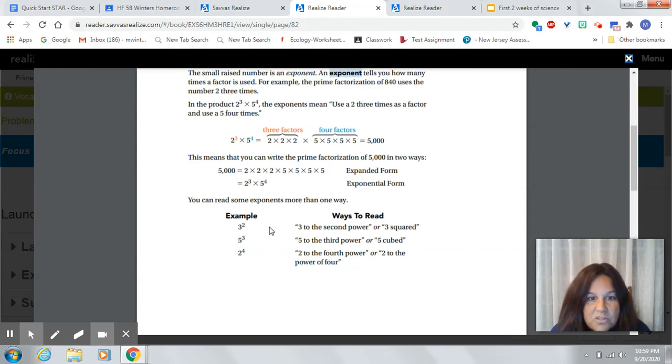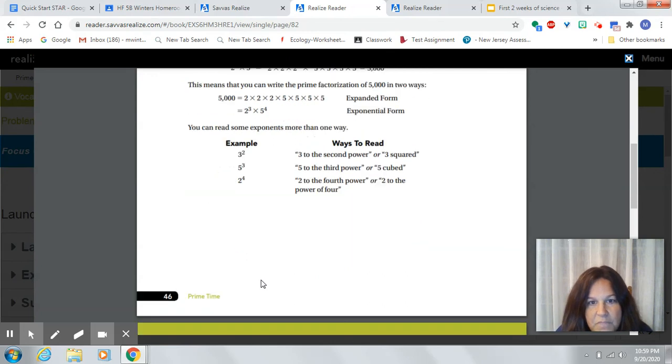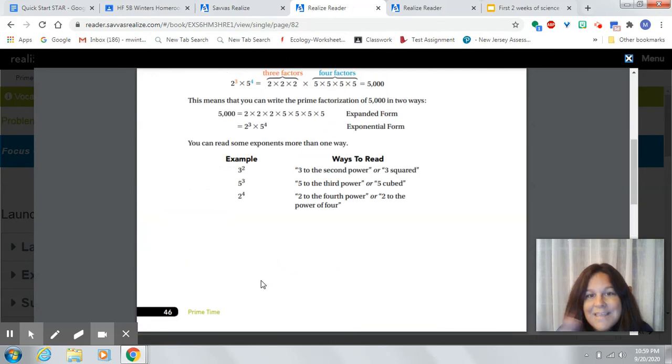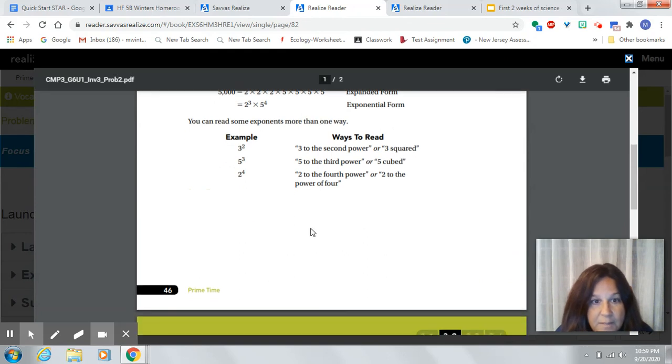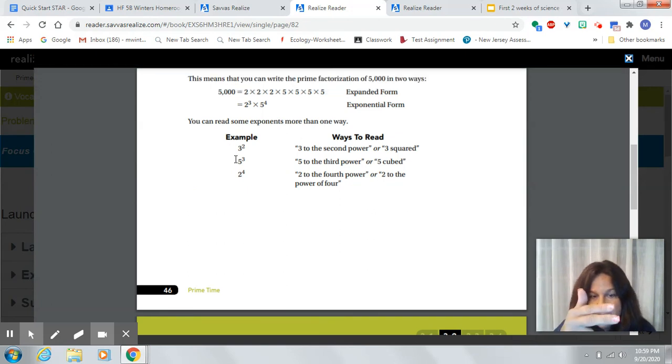So that is to the third power. And then here we've got 2 to the fourth power, or 2 to the power of 4. Those are the different ways that you can say those out loud, but they all mean the same thing. This is 3 times 3 because it's 3 to the second power. This is 5 times 5 times 5 because it's 5 to the third power. And this one here is 2 times 2 times 2 times 2, 2 to the fourth power.